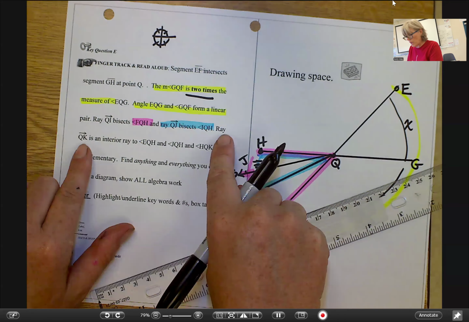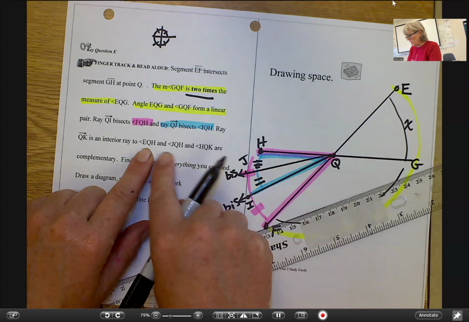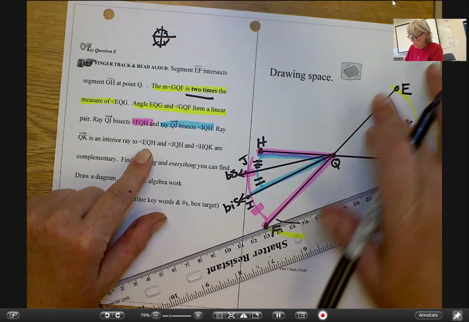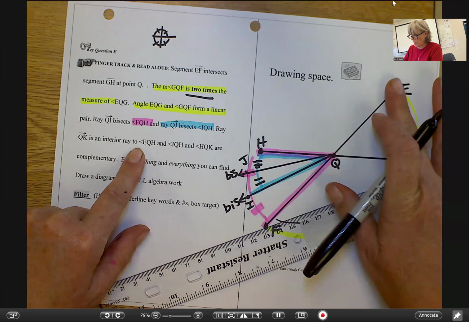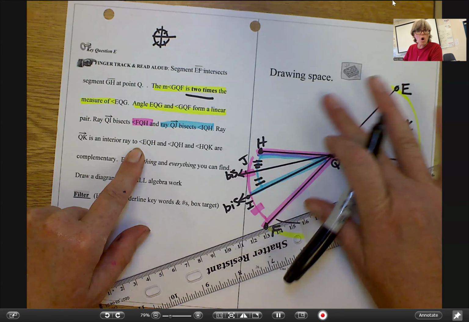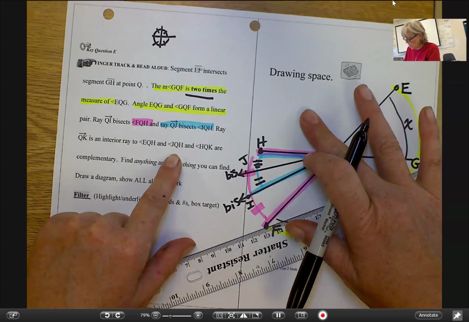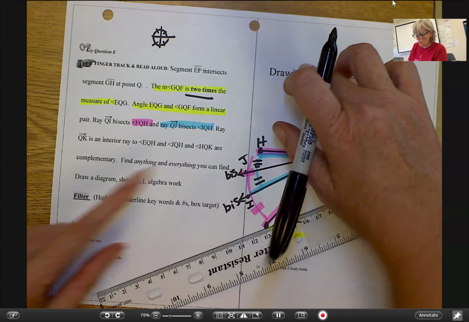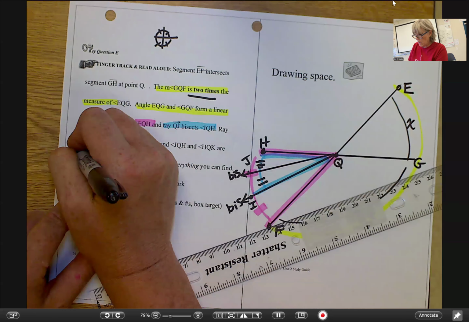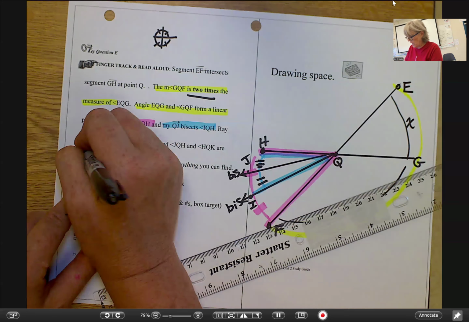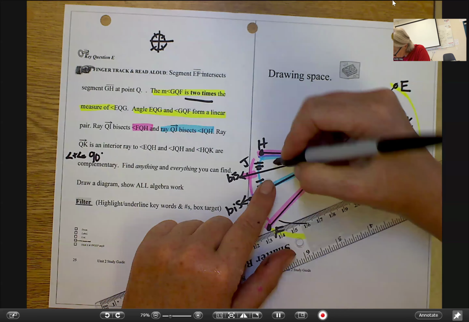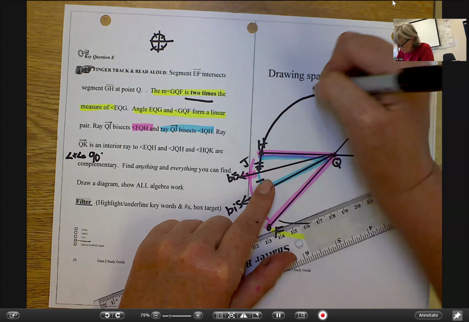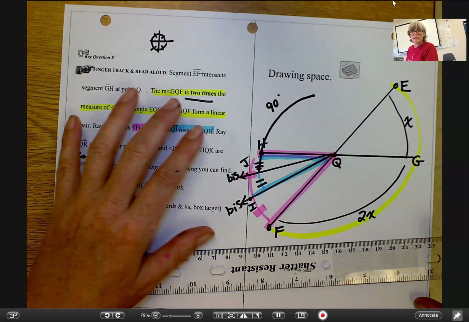Last one, ray QK is interior to EQH. So interior, here's EQH. So QK is somewhere in here. So that JQH and HQK are complementary. Complementary means angle plus angle equals 90. So here's one angle. And we want to create another angle so that it creates 90 degrees.